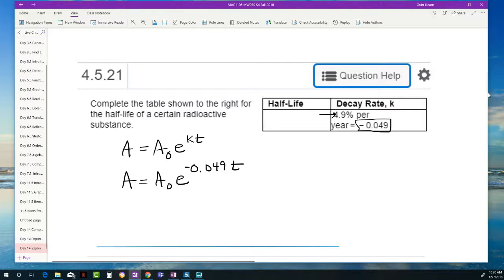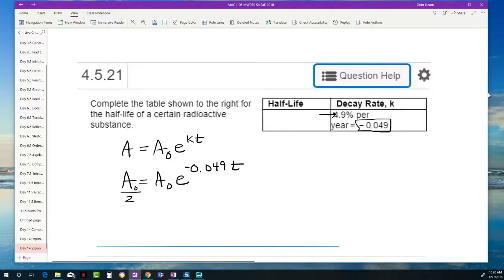Okay, and then to find half-life, whatever our initial value is, we're going to take that amount and divide it by 2. So your A is replaced with A sub 0 over 2. So that's one way to set up the equation, and you can work it out that way because you can divide both sides by A sub 0 and the A sub 0s will cancel out.